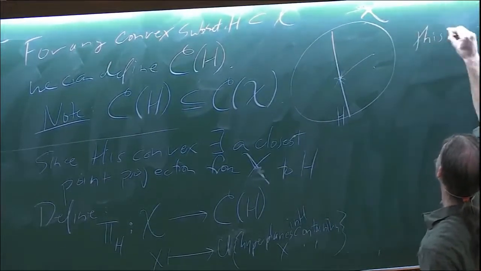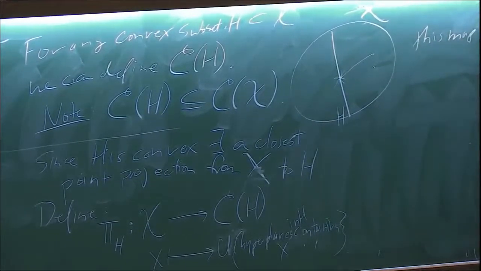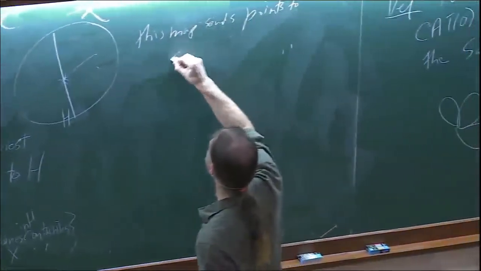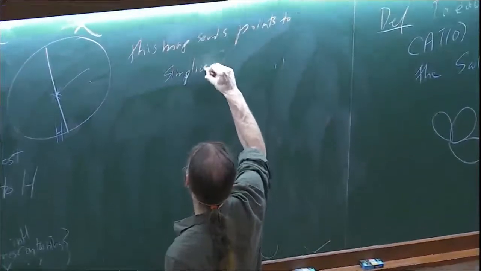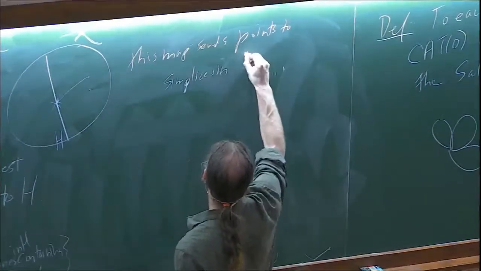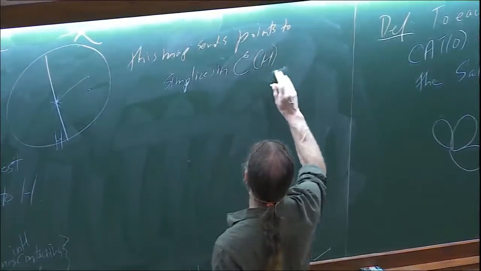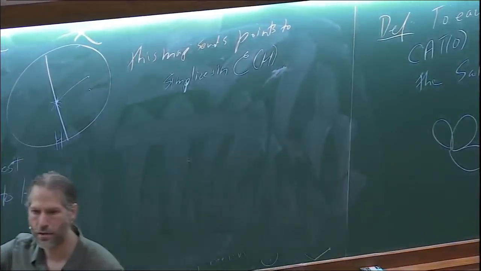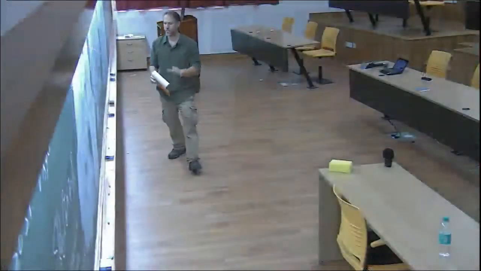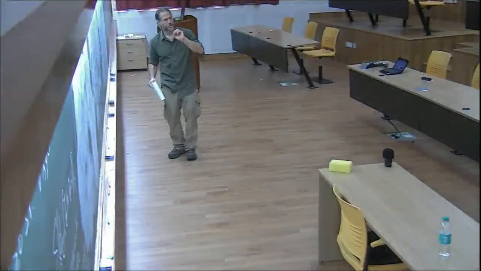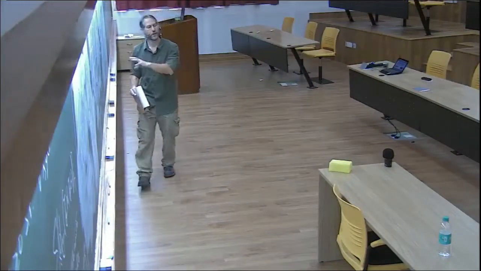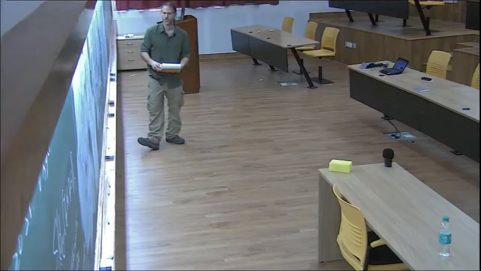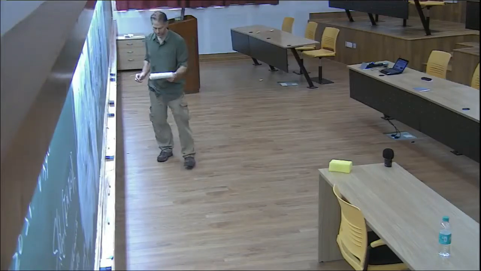So this map sends points to simplices in C of H. When we defined the projection from the mapping class group to the curve complex of a subsurface, we were sending points to bounded diameter sets. Here, not only are they bounded diameter sets, but there's something even nicer: they're diameter 1 sets. They're simplices inside the contact graph.